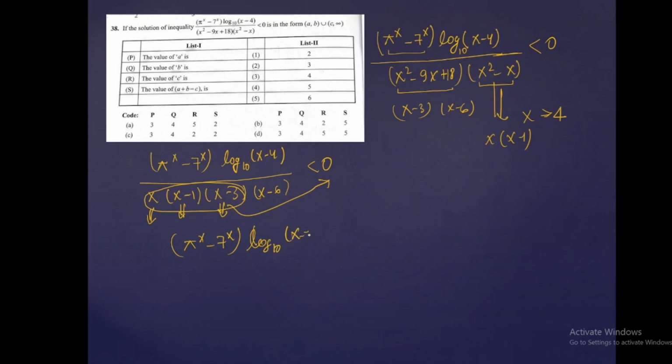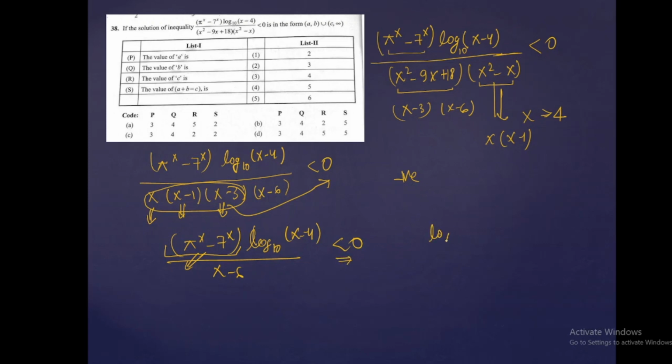Log base 10 of x minus 4. So what we will be left with is this thing, lesser than 0, and we know that this will always be negative. I have shown before also. So when we multiply or divide something by a negative, the inequality gets reversed.